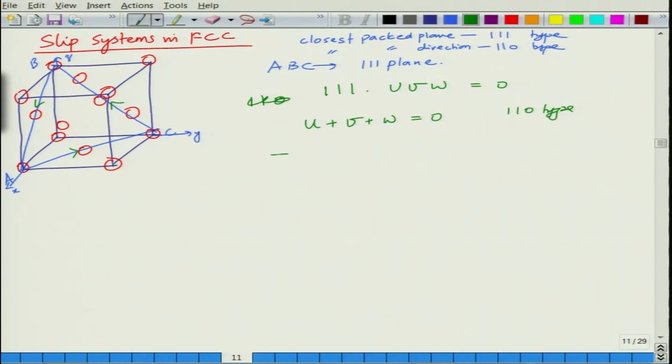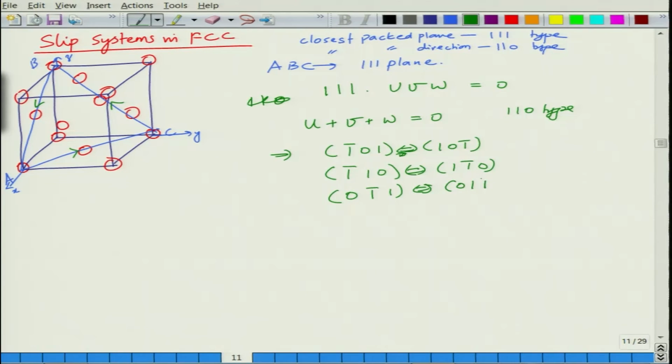So, ignoring all other combinations, it will lead to bar 101, 10 bar 1, which are identical, just opposite, bar 110 or 1 bar 10, and then 0 bar 11, 0 1 bar 1. So, you can see that one plane can contain 3 directions. Slip can occur along 3 different directions, so these are 3 slip systems.